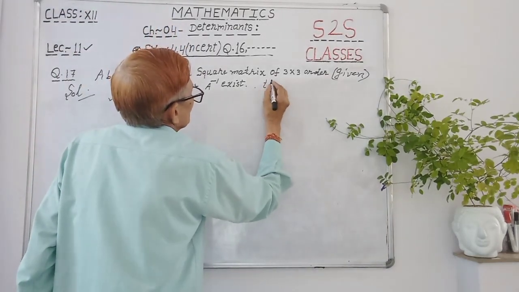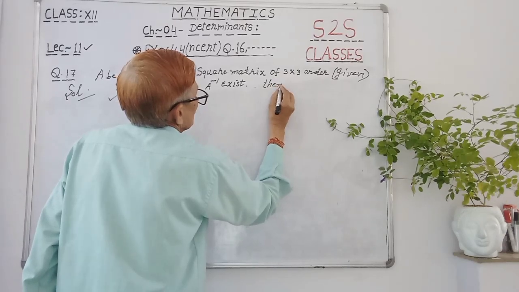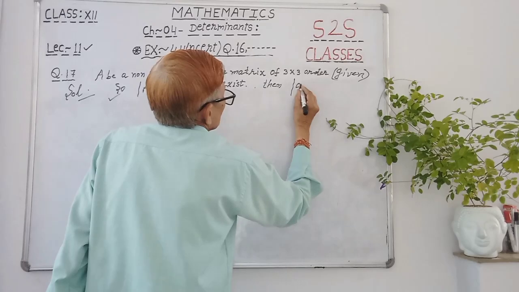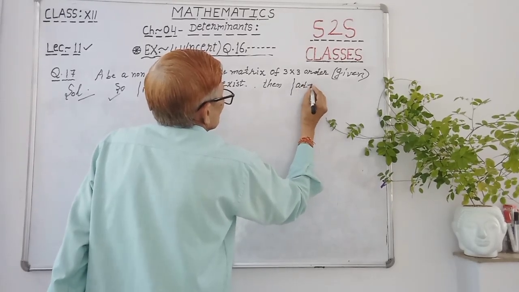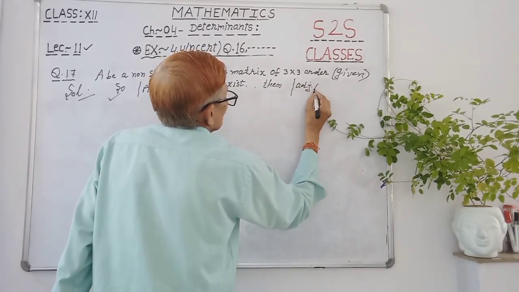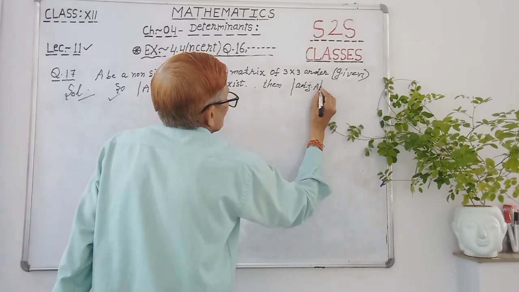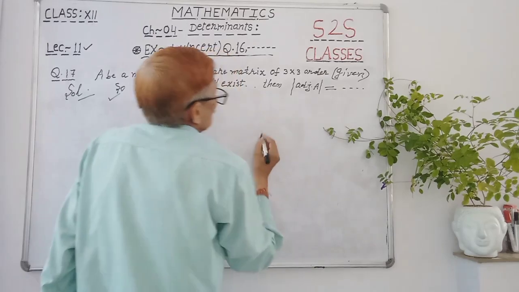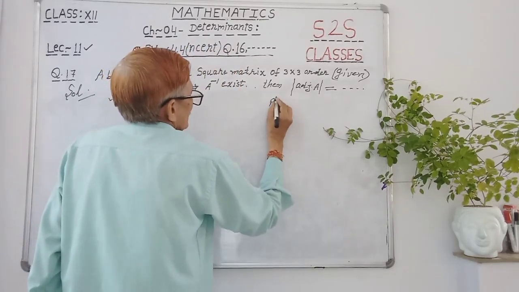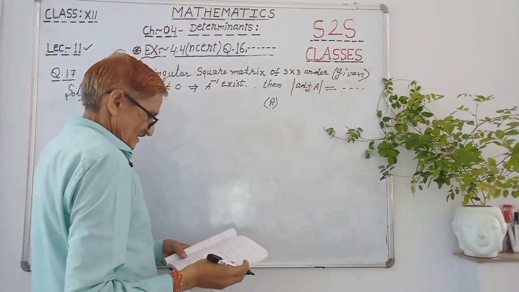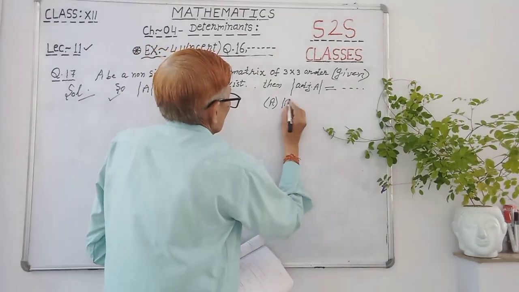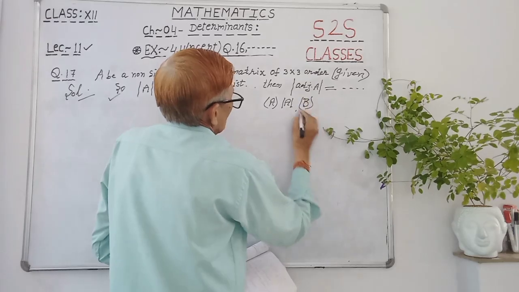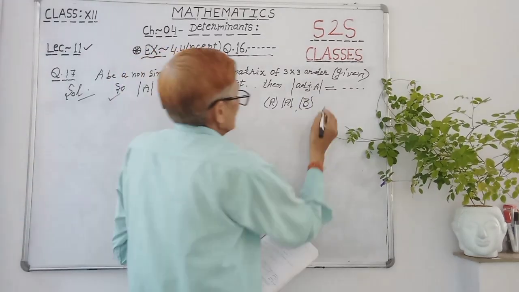Determinant of adjoint A is equal to, options given. What options? A option: determinant A. B option: determinant A square.